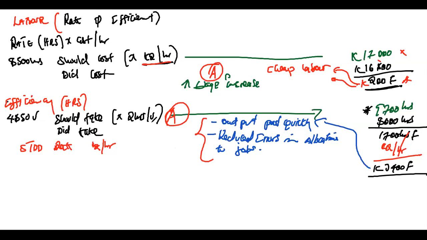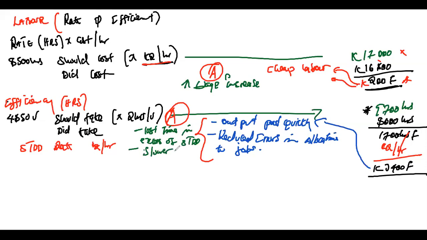There could be lost time in excess of standard, and output lower than expected, that is, slower production.